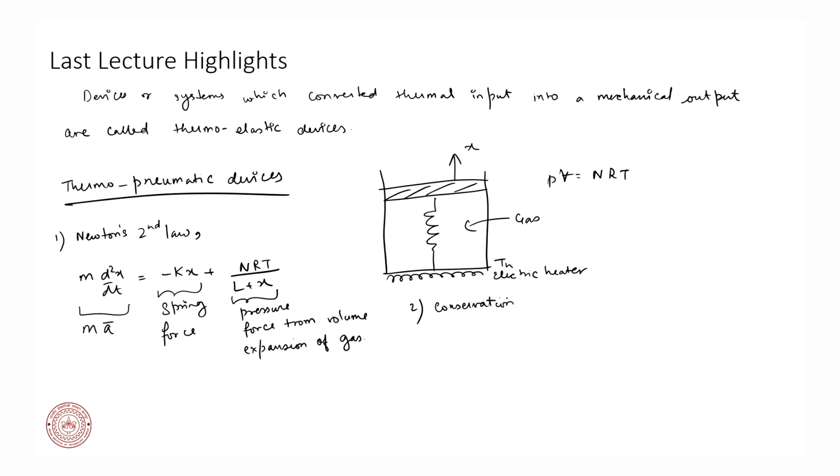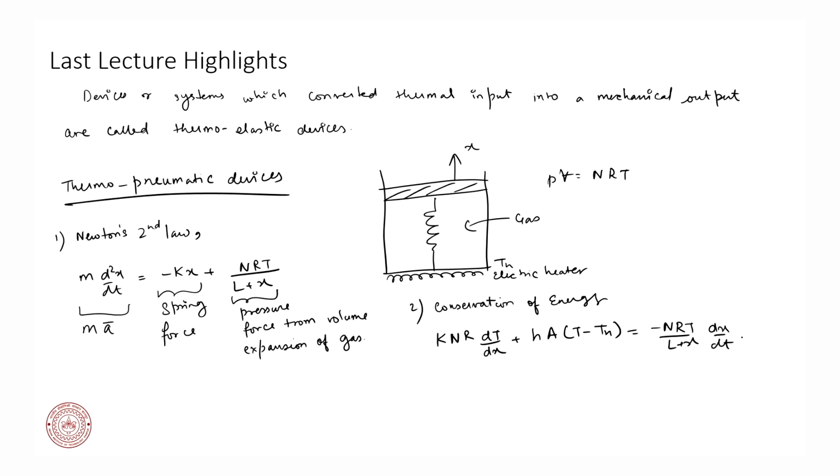So from the conservation of energy, we derived our second equation, that was K n R dT by dx plus hA(T minus TH) equals minus nR over L plus x dx by dt.